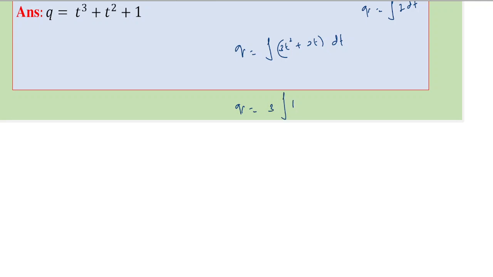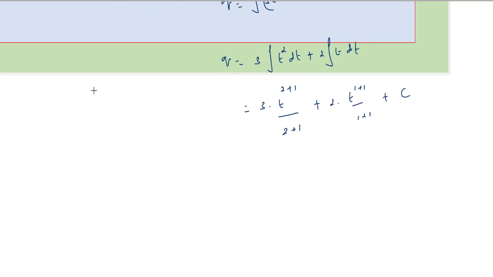So it is integral of t square into dt plus integral of 2 comes out, t into dt, that is equal to 3 into t power 2 plus 1 by 2 plus 1 plus 2 into t power 1 plus 1 by 1 plus 1 plus a constant of integration which is c.